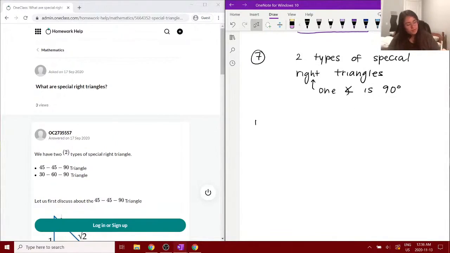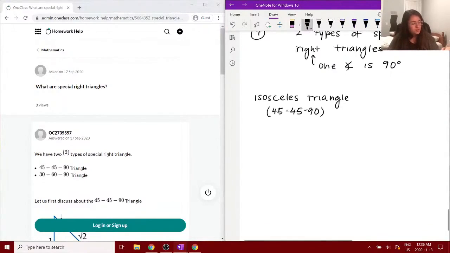We have the isosceles triangle, which is the 45, 45, and 90 degree triangle. It's hard to spell.